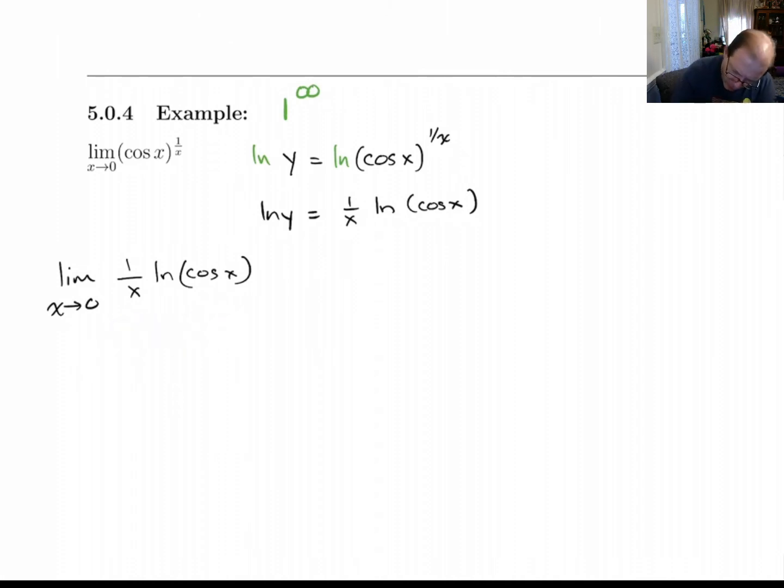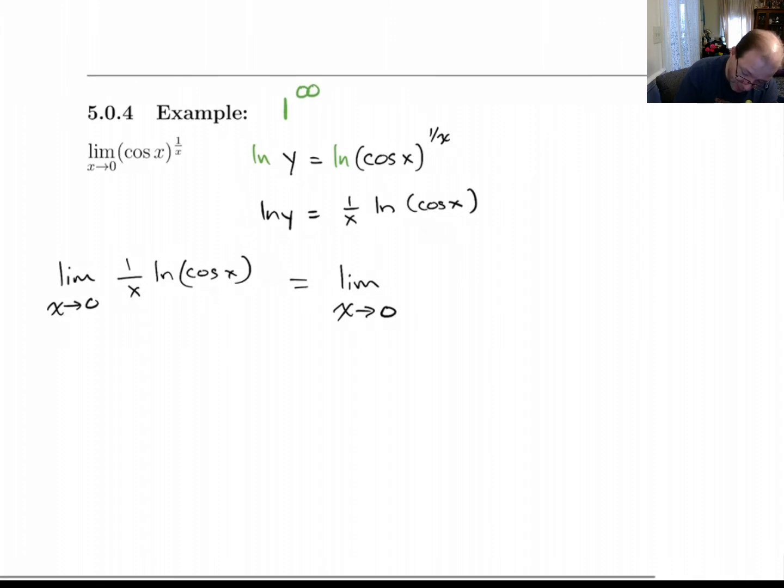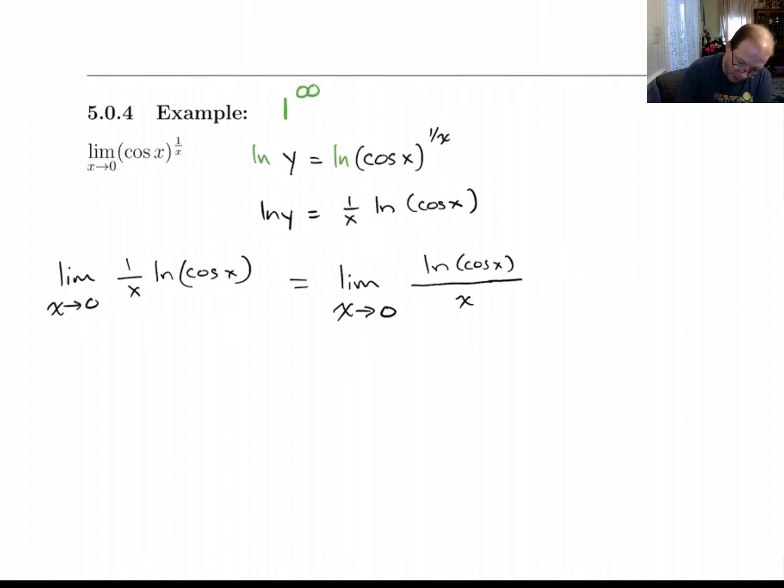So what that means is we want to rewrite it as the limit as x goes to 0 of ln(cos x) over x.